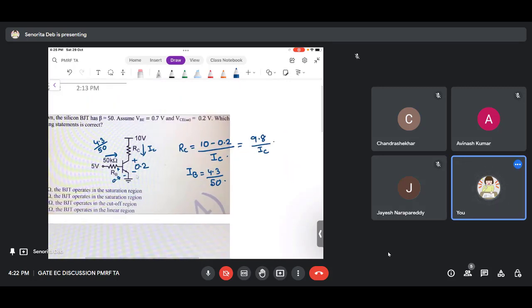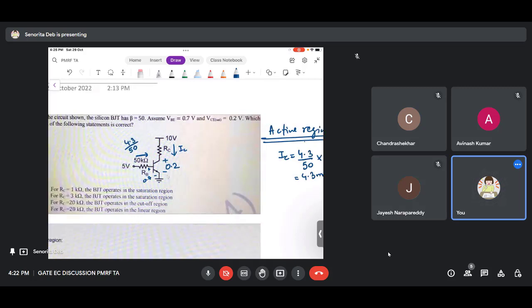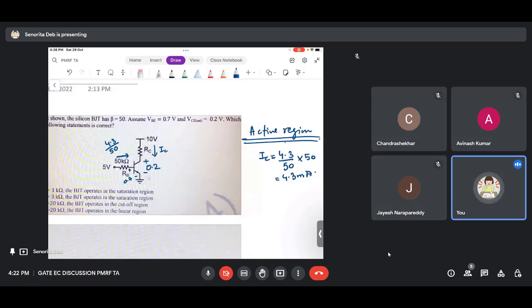So if the transistor is in active region, okay, what will happen? IC will be equal to 4.3 by 50 into 50, that is equals to 4.3 milliamperes, right? But again RC is unknown. Okay, so what can you do? So here you can make assumptions actually. Here you can make assumptions and try to solve it. Okay, so suppose IC is 4.3 milliampere is flowing here.